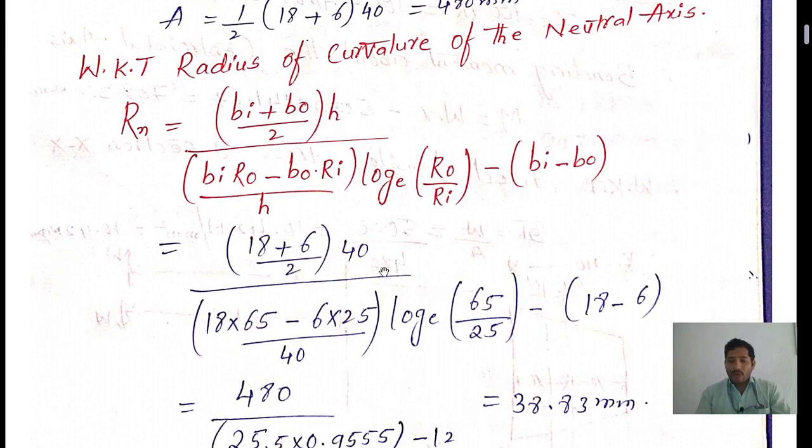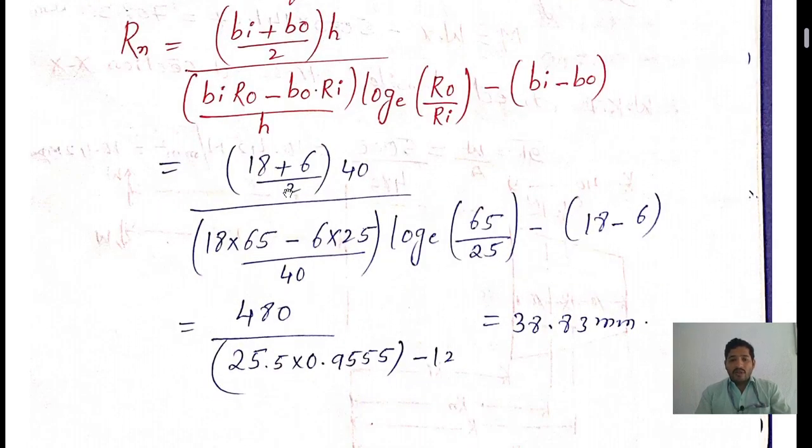Height of the taper bar is given as 40. Then by (inner width 18 into outer radius 65, minus outer width 6 into inner radius 25) by height 40, log e outer radius 65 by inner radius 25, minus (inner width 18 minus outer width 6).